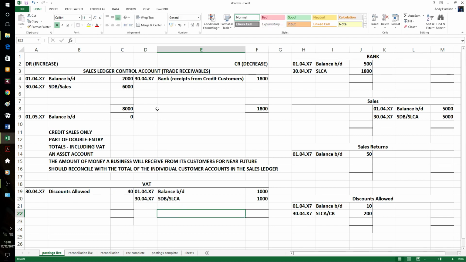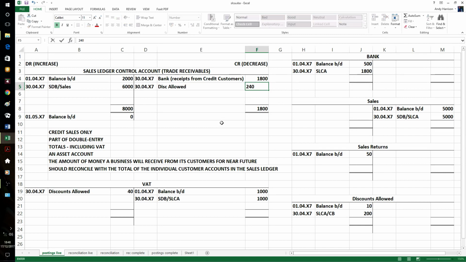There's the debit entries. Total including VAT as a credit entry in the control account, reduces the amount.